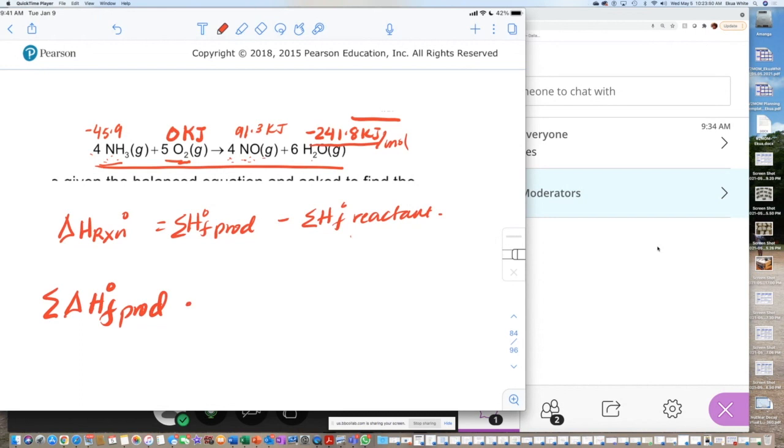So my products here are 4 NO, and then 6 waters. I'm rewriting it because the equation is currently cluttered. Each water is negative 241.8 kilojoules per mole. We just saw this number, and we're seeing it again. NO is 91.3 kilojoules per mole.